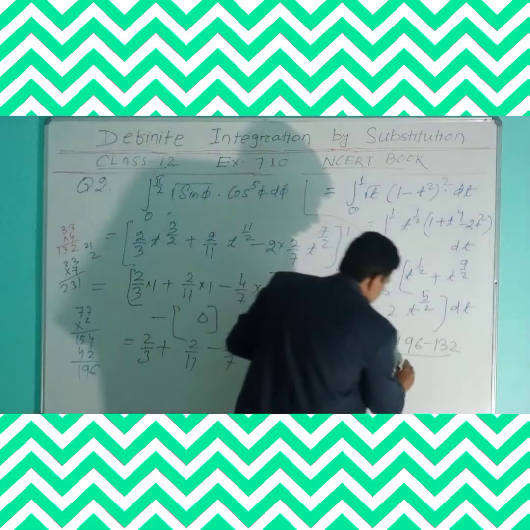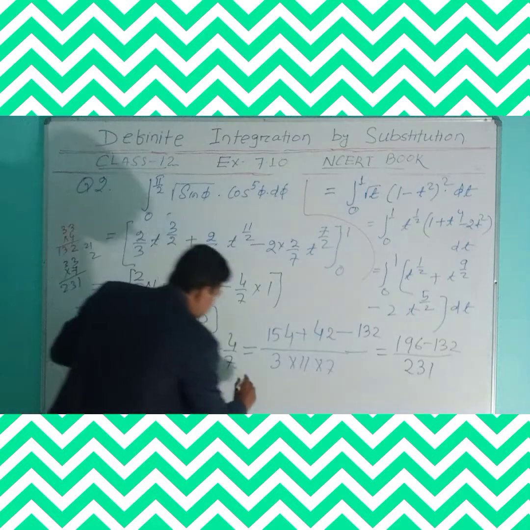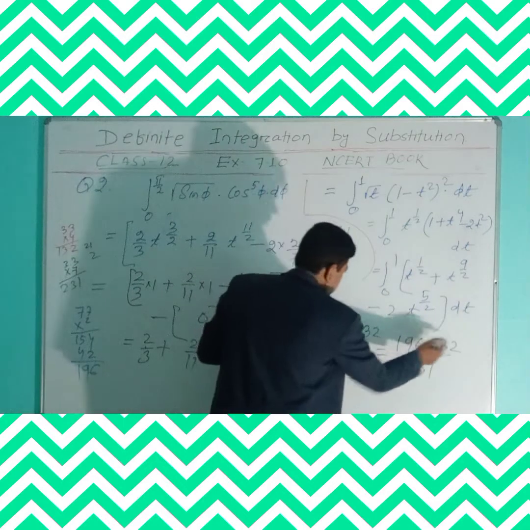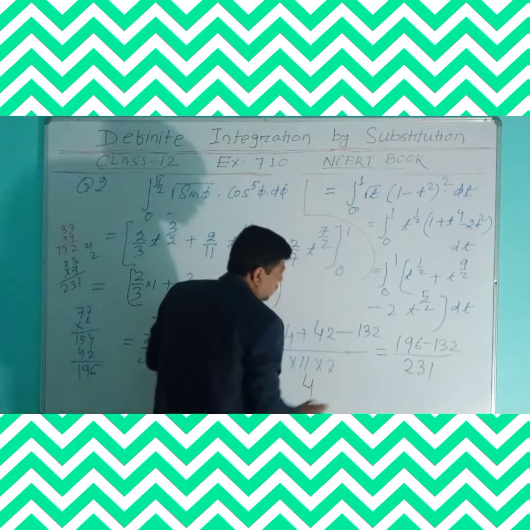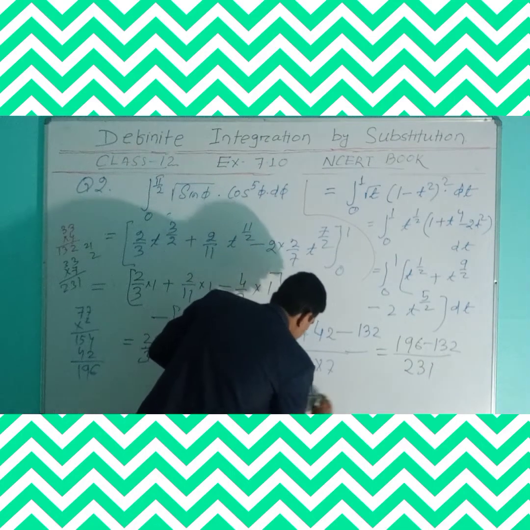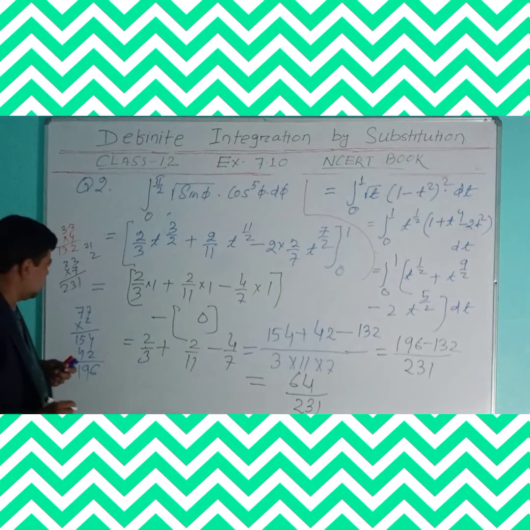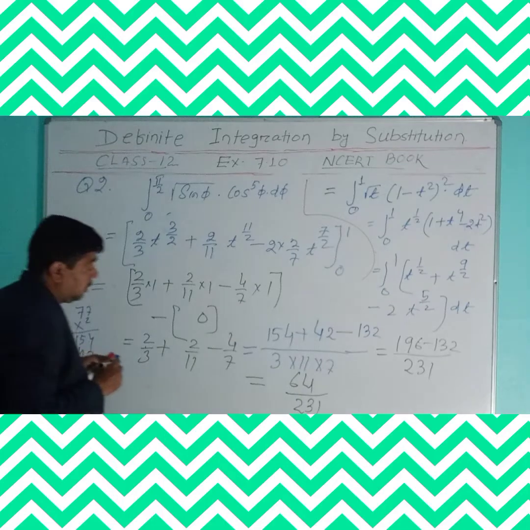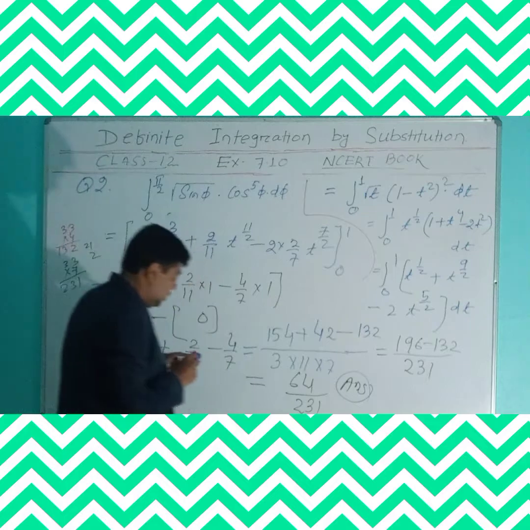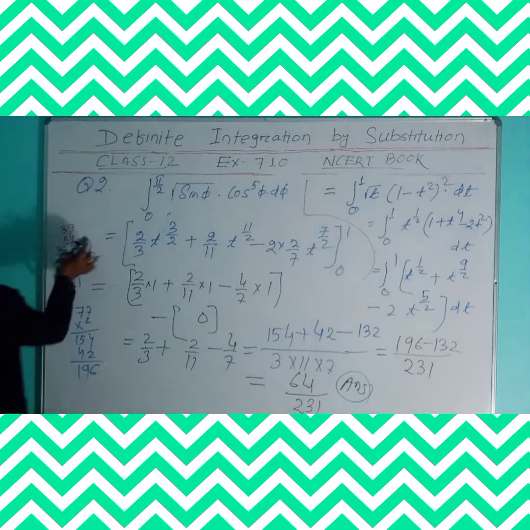So 231. And after evaluation, you get 196 minus 132. You see, 6 minus 2 is 4. Then 9 minus 3 is 6. So 64 divided by 231. Is it clear? And this is the required value of the given definite integral by the substitution method. Okay, is it clear?